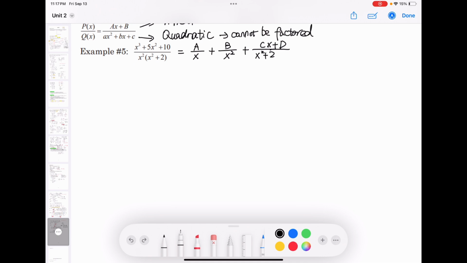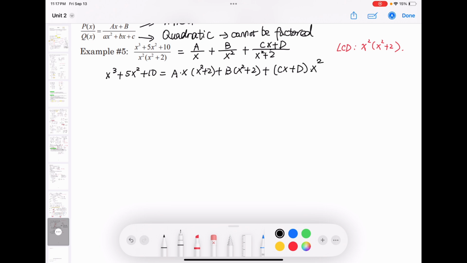Okay, let's see. Next step is multiply both sides by the LCD. So the LCD is x squared times x squared plus 2. Multiply by the LCD on both sides, we have x cubed plus 5x squared plus 10 is equal to a times x squared plus 2, plus b times x squared plus 2, and plus cx plus d multiplied by x squared. What is the next step?